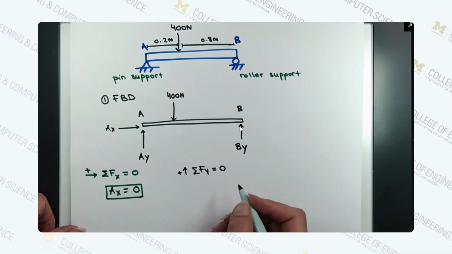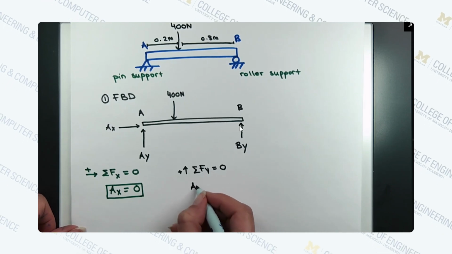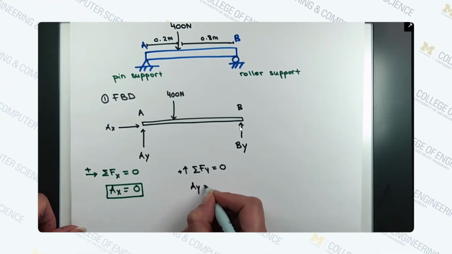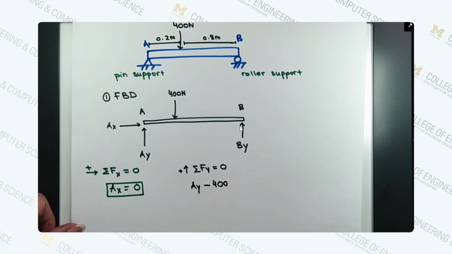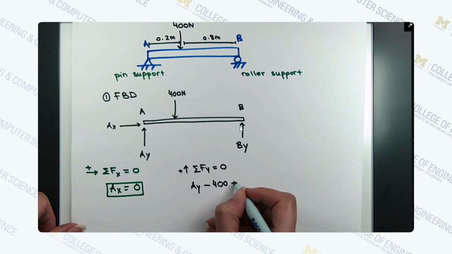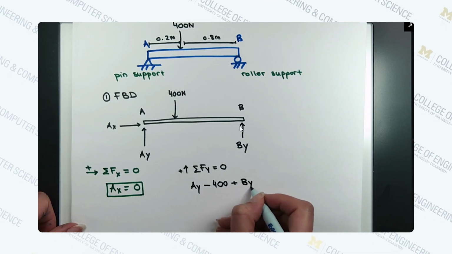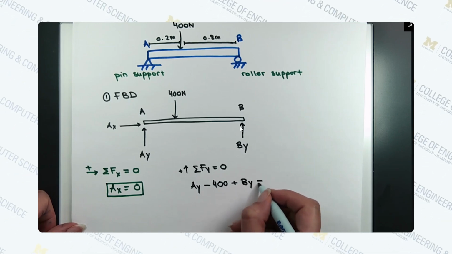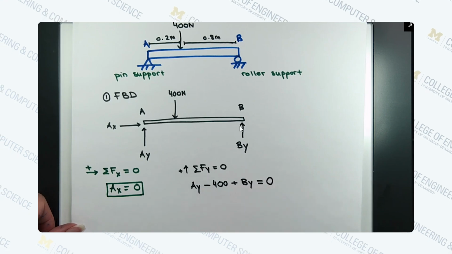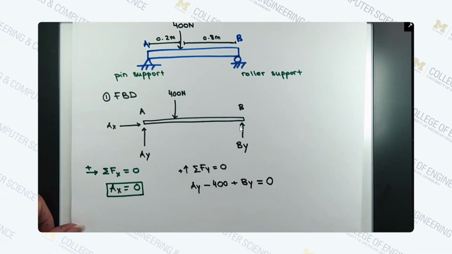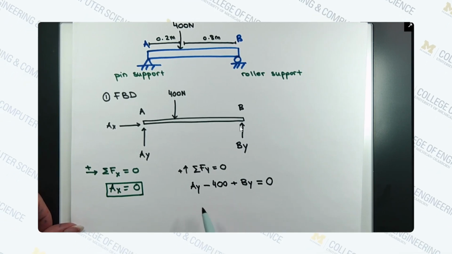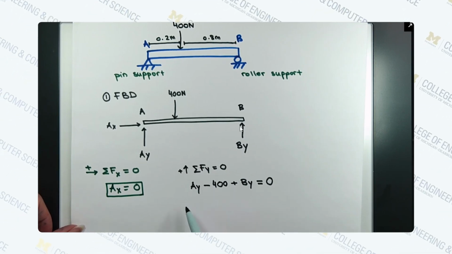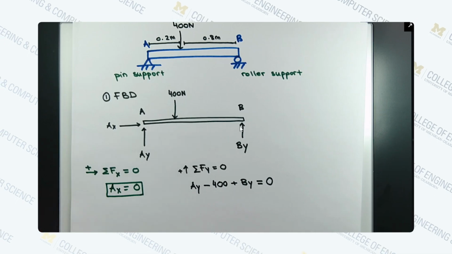The forces we have are AY in the positive direction, minus 400, since it is in the negative direction, plus BY going in the positive direction, equal to 0. So from here, we have two unknowns. That means we cannot find AY or BY simply from this equation. We need a third equation.